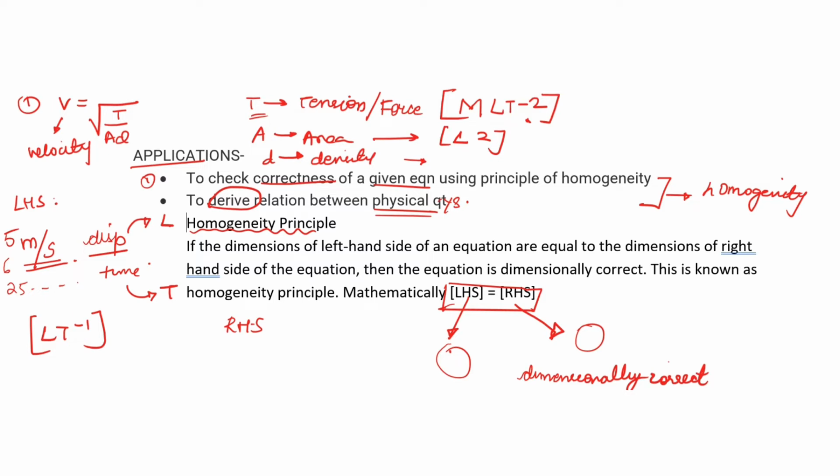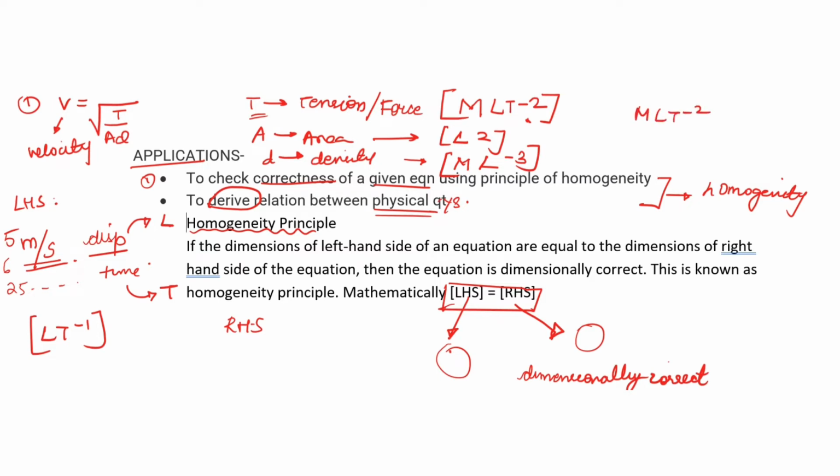So the very first step for solving any question is to write all the quantities' dimensional formulas, and then solve them based on the operation, whether it's division, multiplication, addition, subtraction, whatever it is.